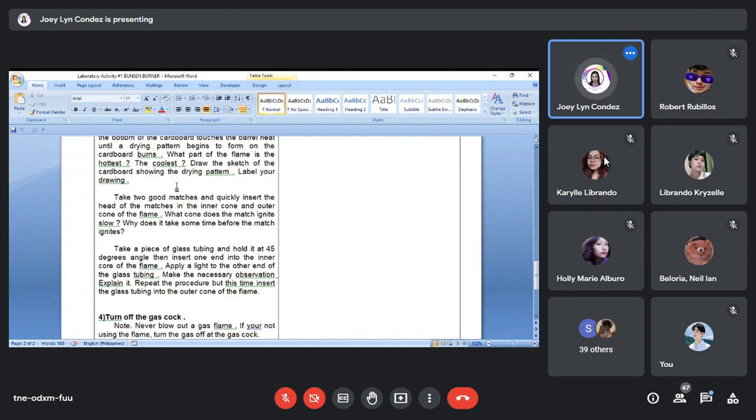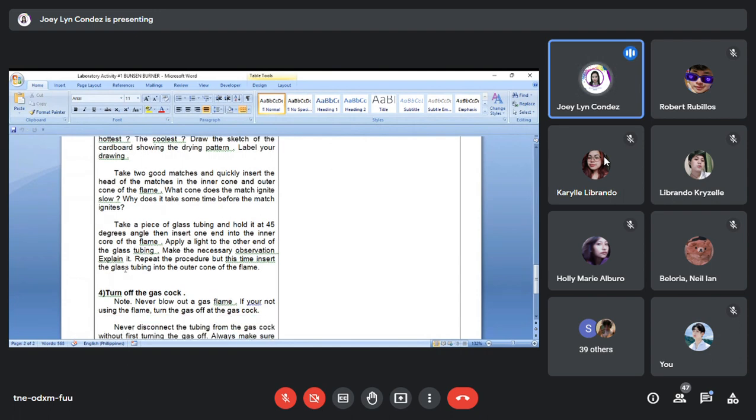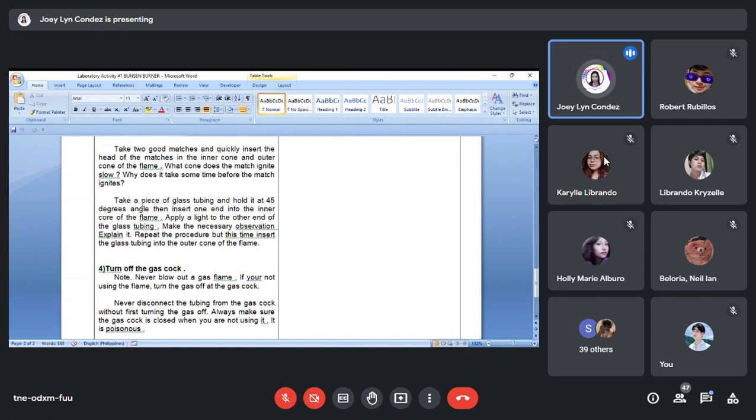Now, observe, which one ignites first? The match in the outer cone of the flame or the match in the inner cone of the flame? So you answer these questions. You draw it here and then answer. Okay, same goes with this one, glass tubing. So insert the glass tubing in the inner cone of the flame and the outer cone of the flame.